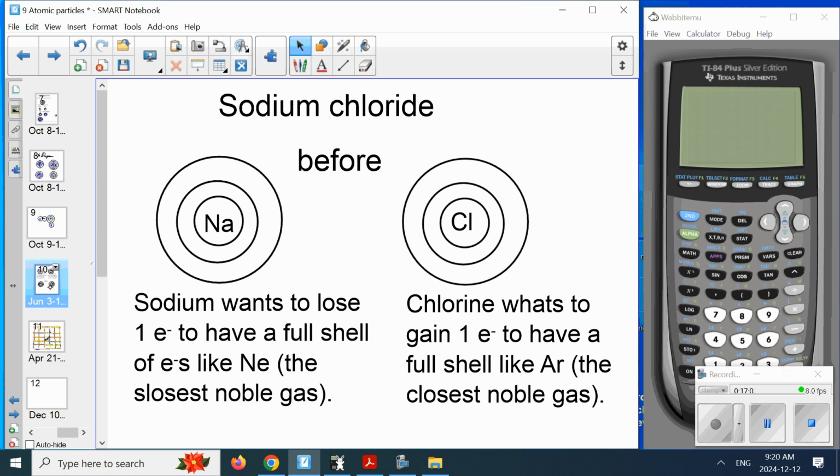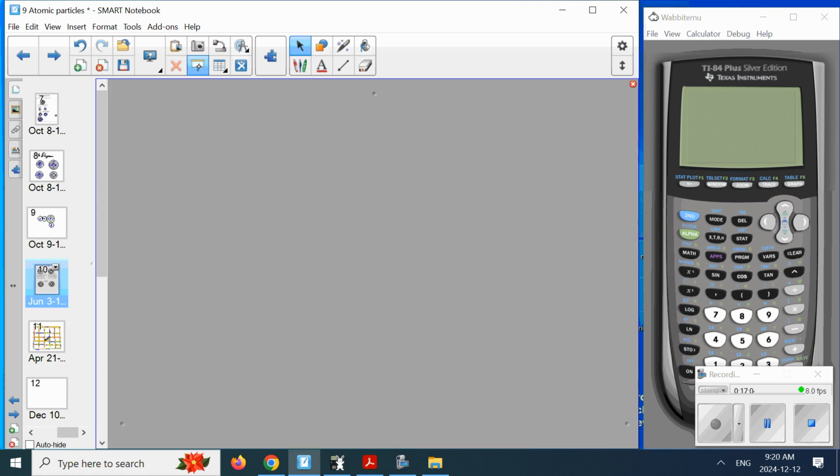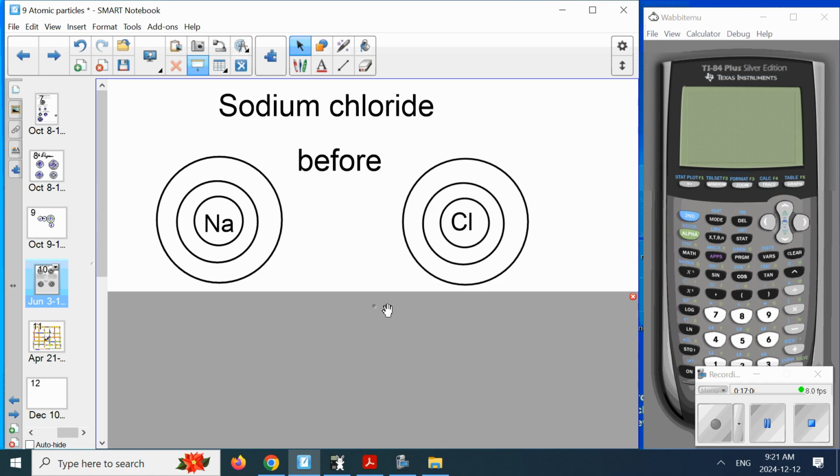Let's take a look at this together. Sodium chloride, before and after. Before, we're going to draw this, and we're going to fill in the dots. I'll let you get caught up here and we'll do this together. Think of a sodium atom and a chlorine atom.